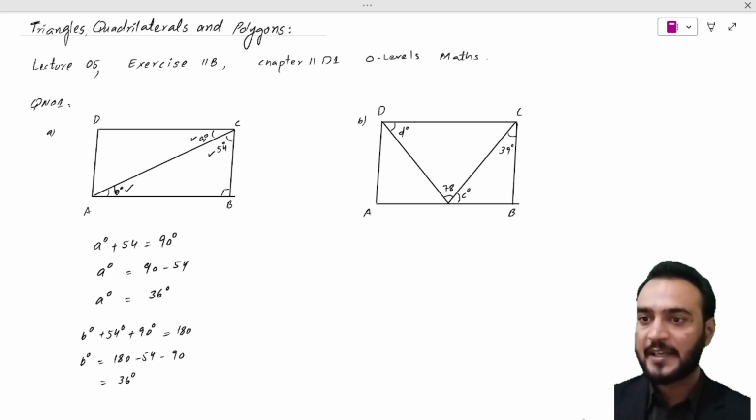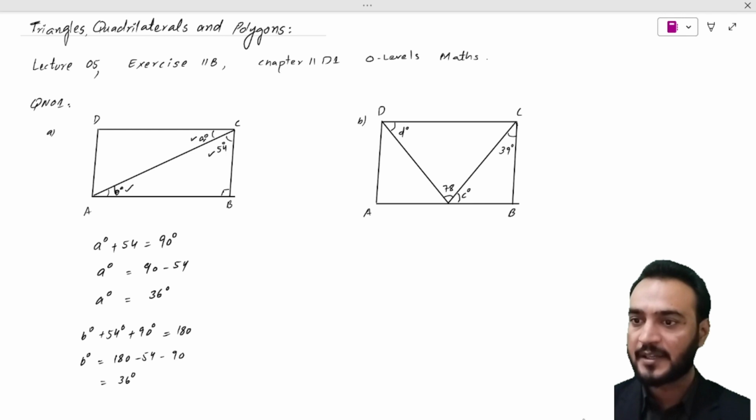Now in part B we have to find the value of C degree and the value of D degree. As you can see in the triangle, let this point be E. BCE is the triangle where C degree is the angle, the next angle is 39 degrees, and the third angle is obviously 90 degrees. So we put the sum of these three angles equal to 180 degrees, because these are the interior angles of triangle BCE.